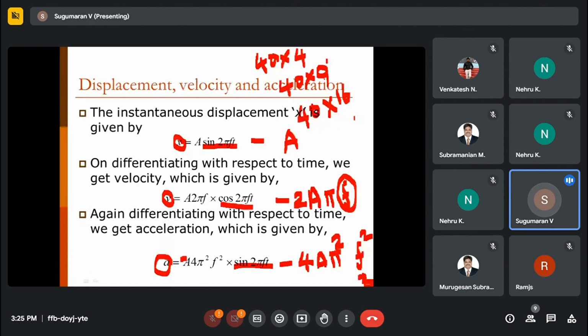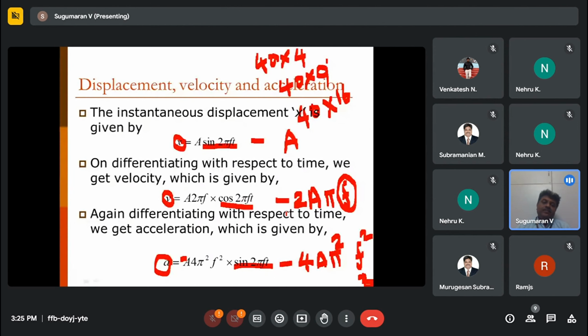A 10 hertz signal will be multiplied by 100 times. That's only a small frequency. In the mechanical system, we go up to 10 kilohertz, 11 kilohertz and more. Imagine that square, and such a big value will be there for acceleration.